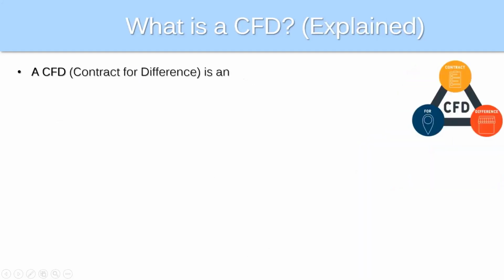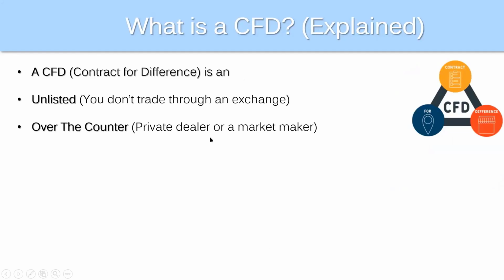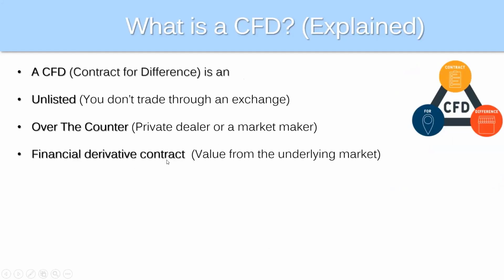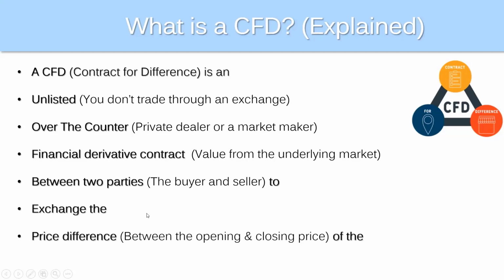A CFD, contract for difference, is an unlisted, where you don't trade through an exchange, over-the-counter, private dealer or market maker, financial derivative contract, value from the underlying market, between two parties, the buyer and seller, to exchange the price difference between the opening and closing price of the underlying asset, which is the market that the CFD is based on.